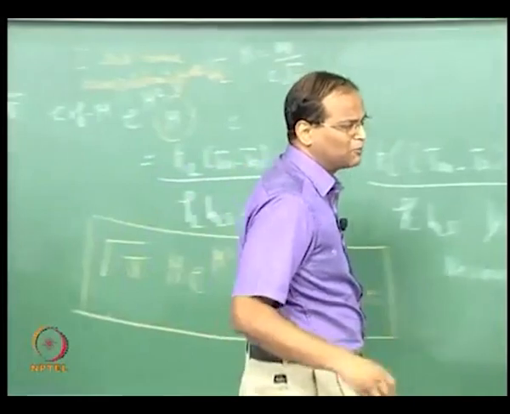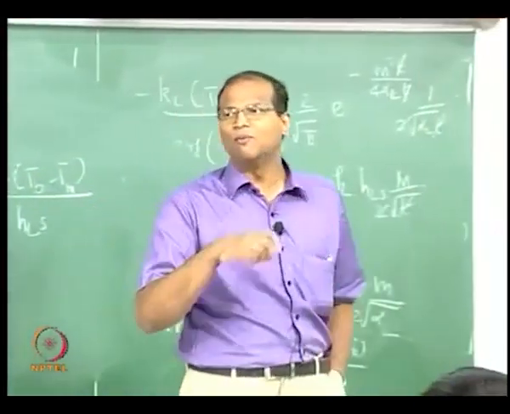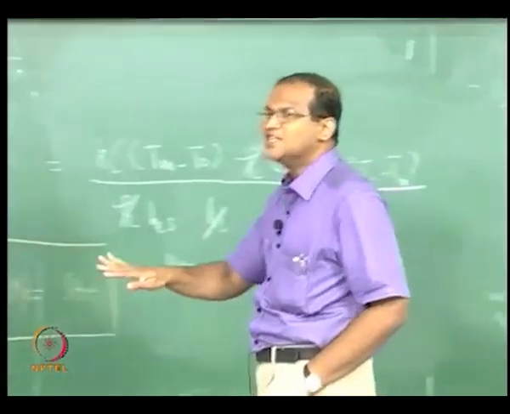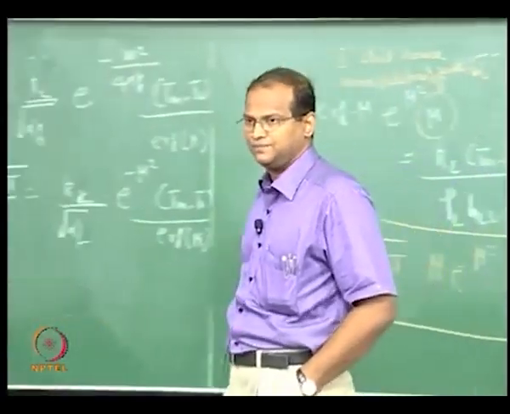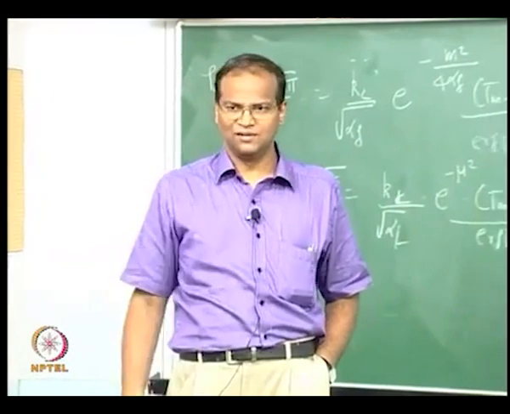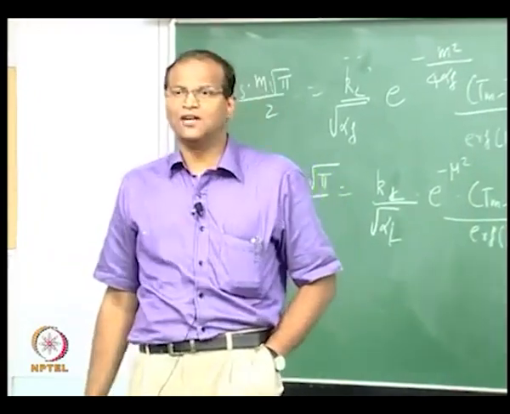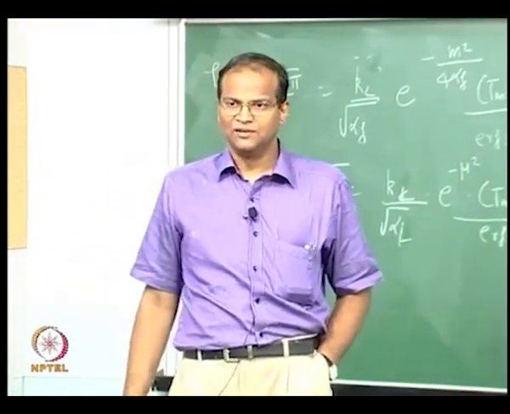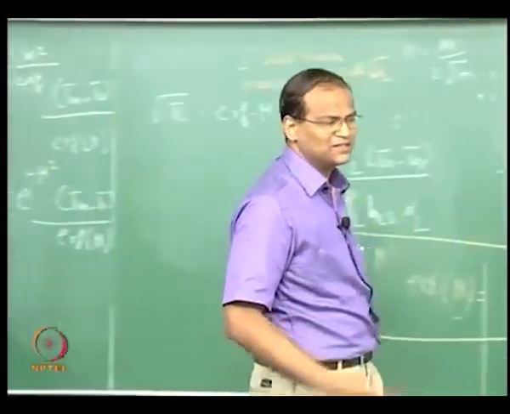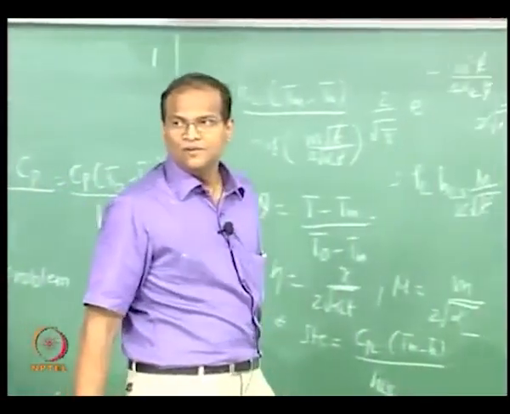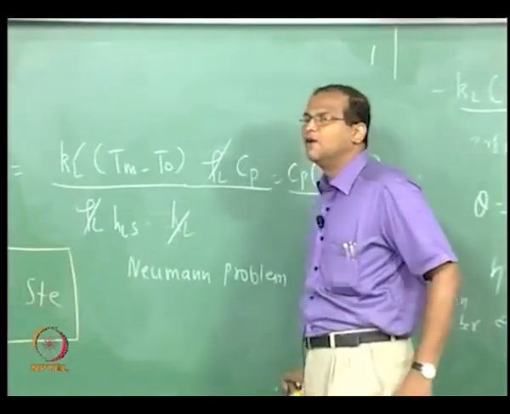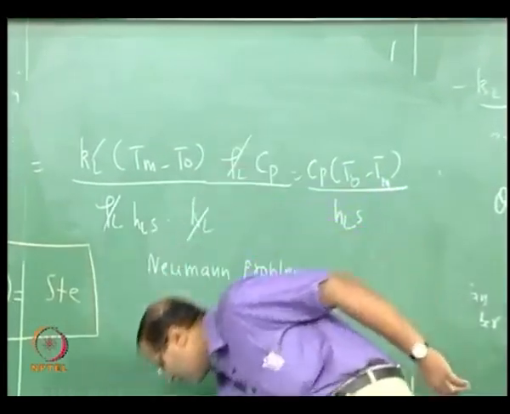So there is something called the subcooling parameter. So the Neumann problem is more general than the Stefan problem, it is more difficult to solve. The whole body is not at Tm when you start, it is at a temperature lower than that, it has to be heated to that and then it will start melting. So you have to consider conduction both in the liquid phase as well as in the solid phase, okay. That is a Neumann problem. Now we have to answer, how are we sure that S equal to m root alpha t?